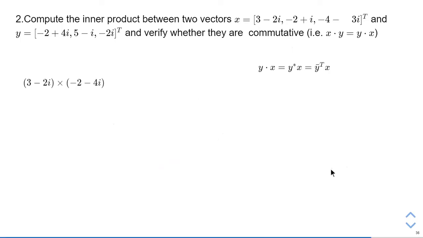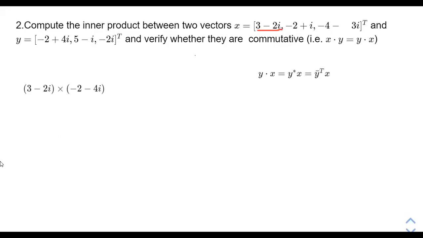If you conjugate it, this becomes minus 2 minus 4i. Then you simply multiply it with the first element from x, which is 3 minus 2i, and we are not taking any conjugation for the elements in x, because we have to take the conjugate of elements only in y.